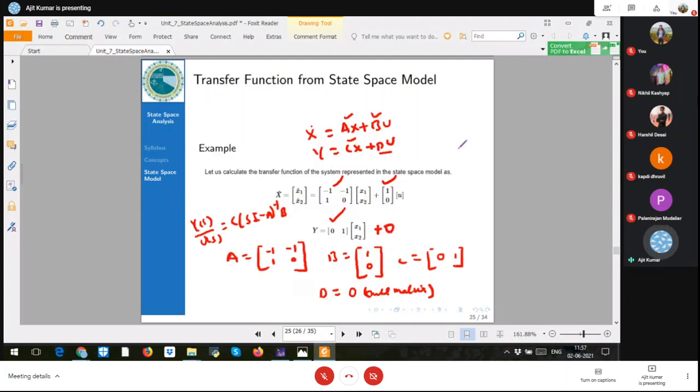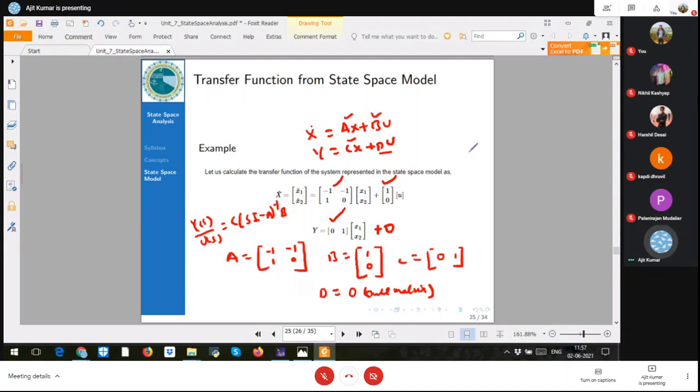So would you all like to try? I'm giving you 2 minutes. Please try, because these are the examples we will follow in exams also. This kind of questions you are supposed to answer. And it's quite straightforward. If it is a 3 cross 3 matrix, you can do it, a 4 cross 4 you can do. So nowadays it's simple.